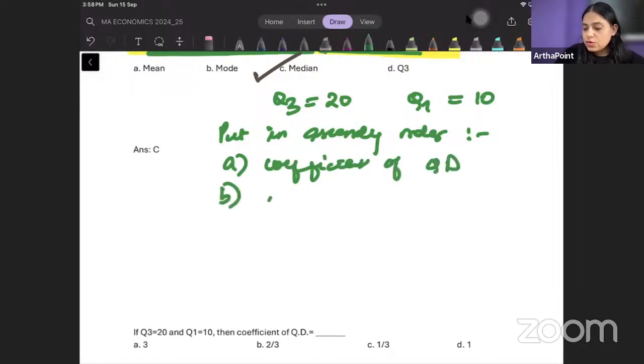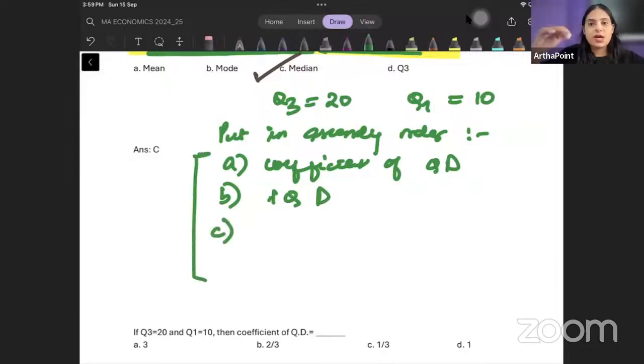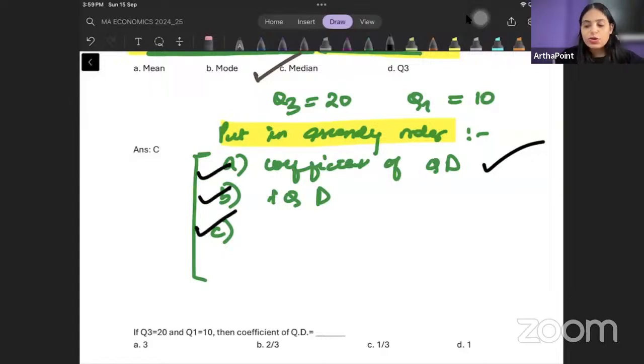Then they will give you only interquartile deviation. Then they will give you something else. In this way they will ask you 4 things. And they will ask which is the smallest, which is the highest. You have to arrange them in ascending order. But for that you need to remember all these formulas. What is coefficient of quartile deviation? What is just quartile deviation? What is interquartile range? You need to remember all these formulas. Only then you will be able to derive them. So you need to make sure that you remember these formulas.